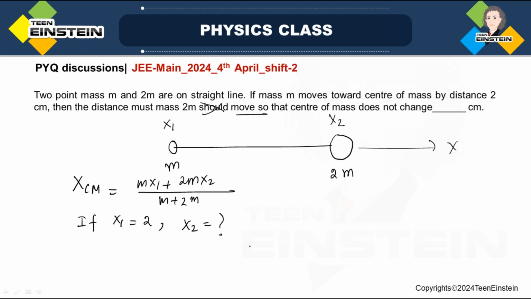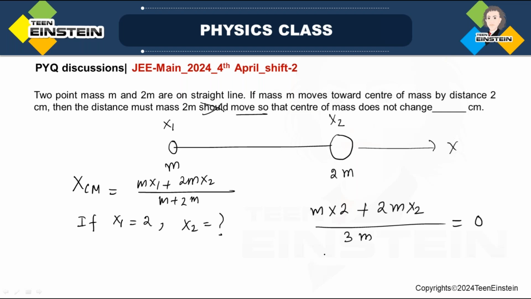Let me write this. Suppose m into x1, which is 2 centimeter, plus 2m into x2, which I have to find out, divided by 3m, and this is giving you zero displacement of the center of mass.